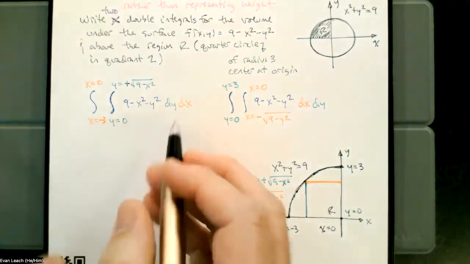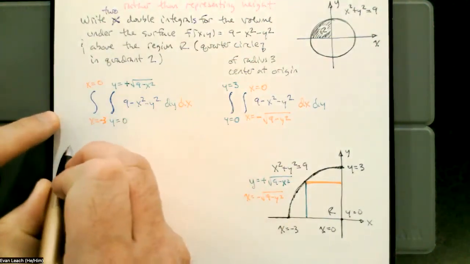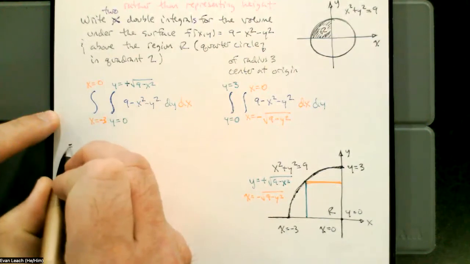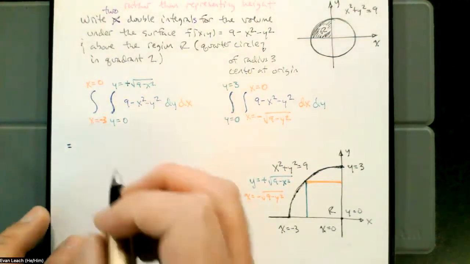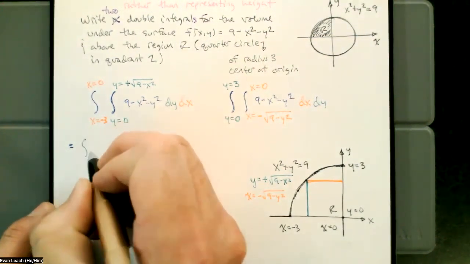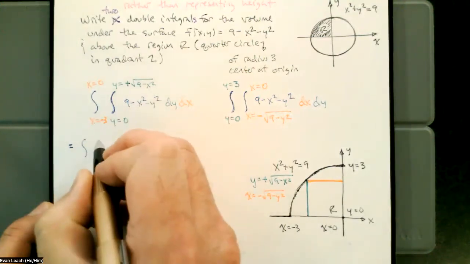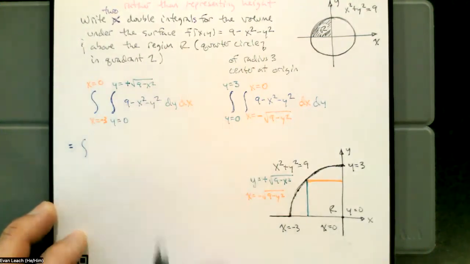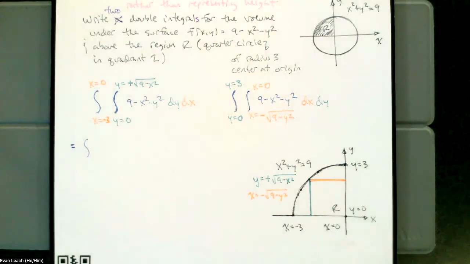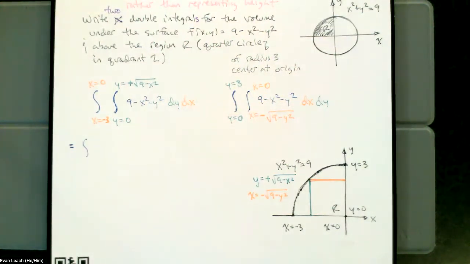Now, the integration parts, that's no trouble at the beginning. So let's take this first one here. The integration part isn't the hard part. We have the integral from -3 to 0 of the antiderivative of 9 minus x squared minus y squared dy. No problem here. It's just a polynomial. That's why I picked a circular paraboloid.